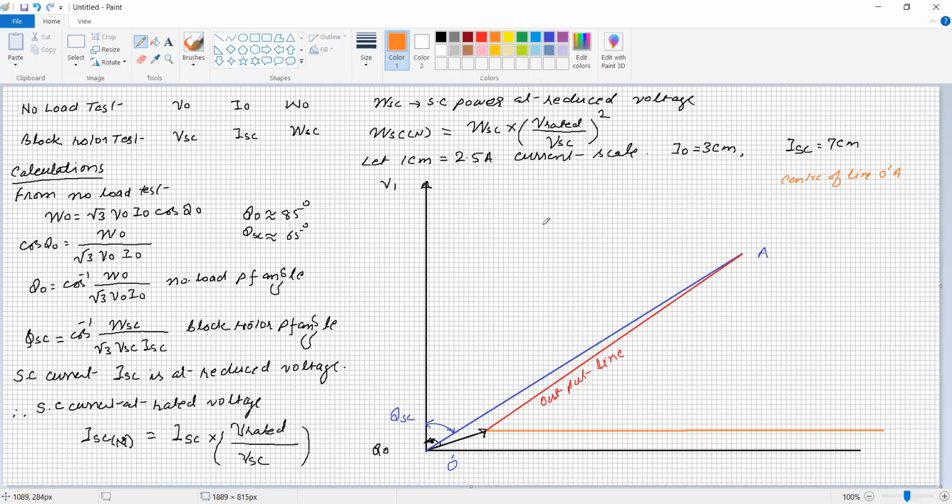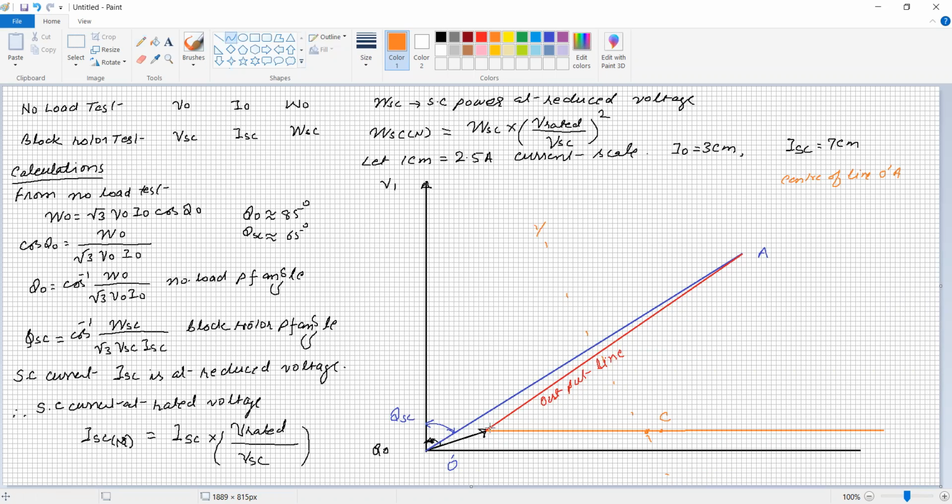By drawing the bisection, draw the projection over the center of the line. You will locate the center. Now C is the center, somewhere here. Take the distance from C to A or C to O dash and draw a half circle.